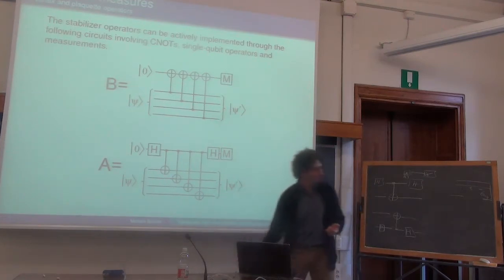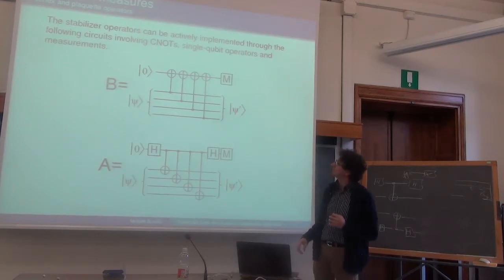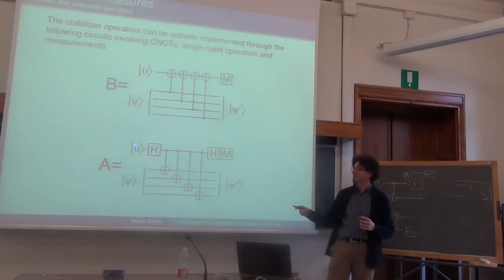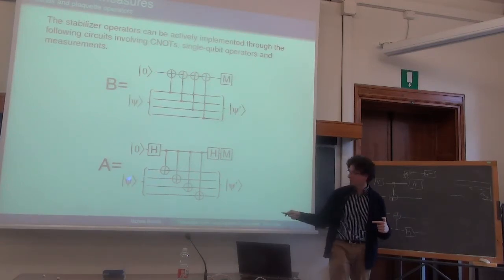And the state of the ancillary spin is altered instead in this case. How is it altered? It is altered in the way that we want. Essentially, it becomes 1 once it encounters an odd number of flips in the x basis for psi.